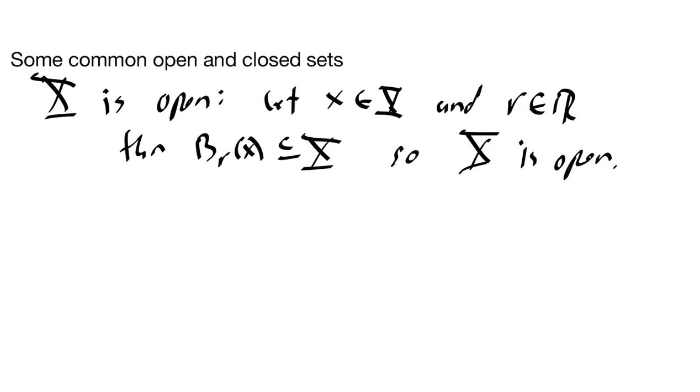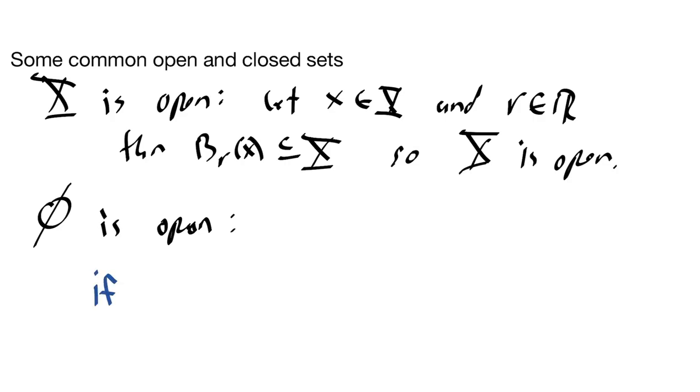Similarly, the empty set must also be open. Oh, I drew my empty set backwards. What am I thinking here? The empty set must be open. Why is that? Well, our theorem looks like this.